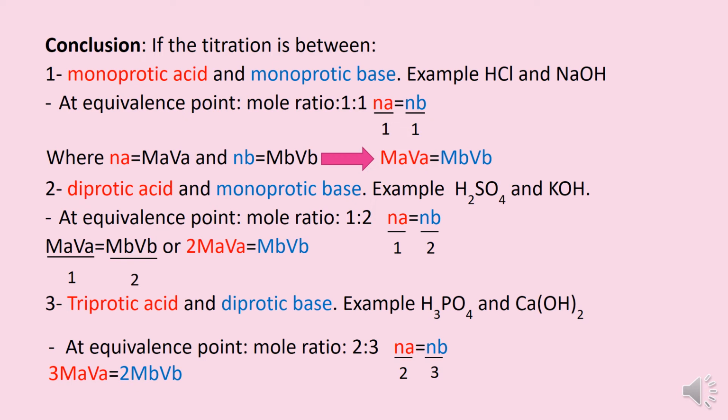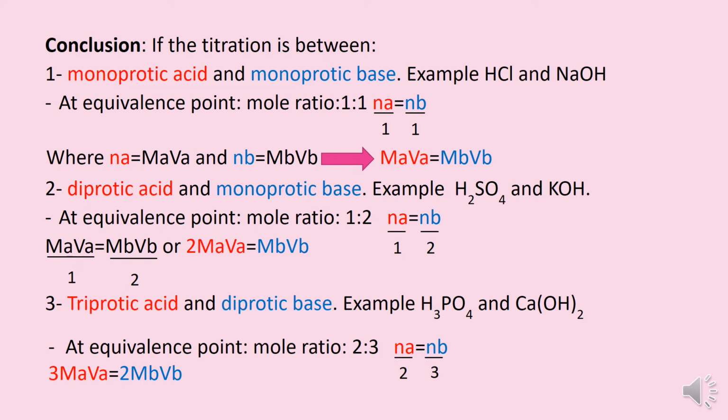Now if the titration is between diprotic acid and monoprotic base, example H2SO4 and KOH. Let's see here, why do we call H2SO4 diprotic acid? Because it consists of 2H plus, and the KOH is monoprotic base because it consists of 1 OH.